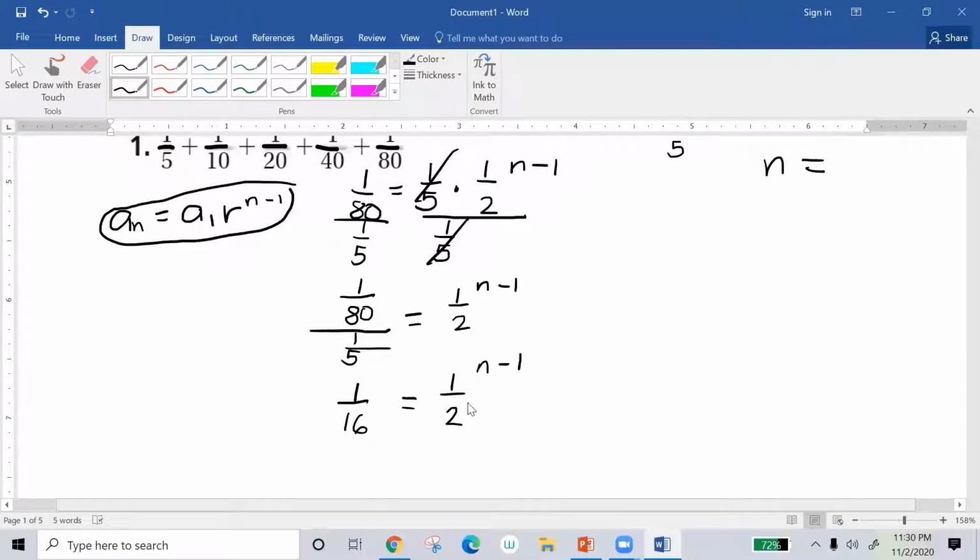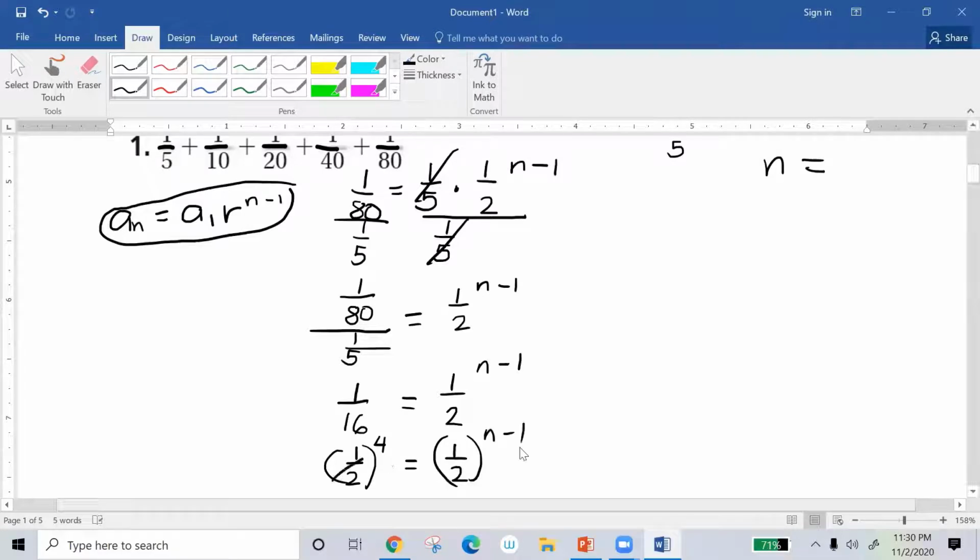Now, since we have 1/2, what exponent of 1/2 makes 1 over 16? It will be 1/2 raised to 4, because 1 times 1 times 1 times 1 is 1 and 2 raised to 4 is 16.